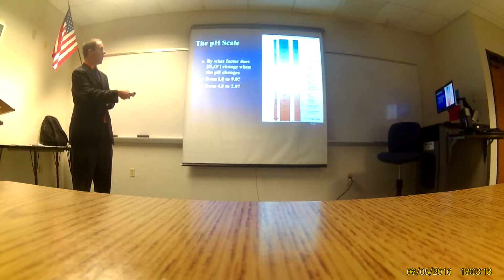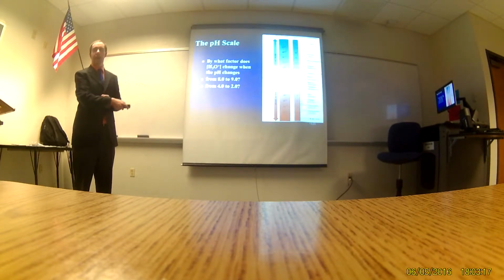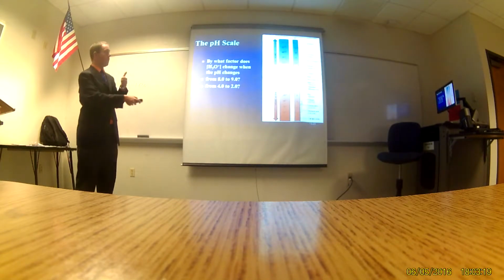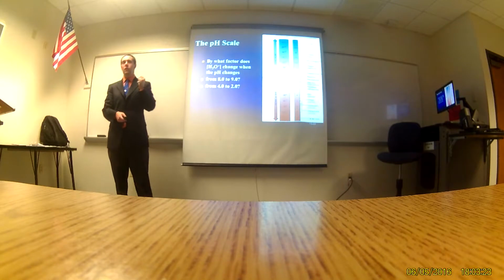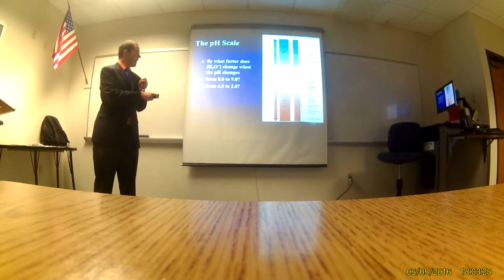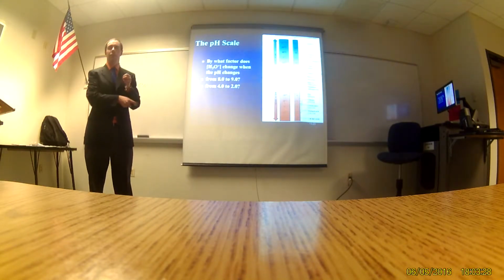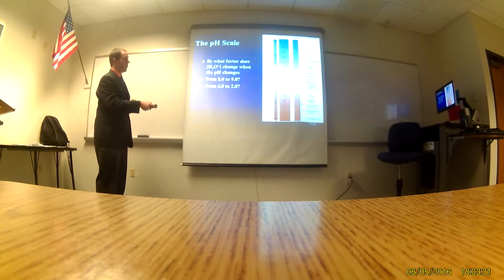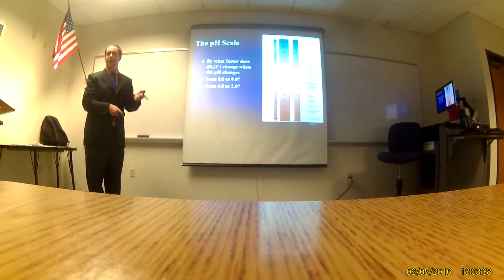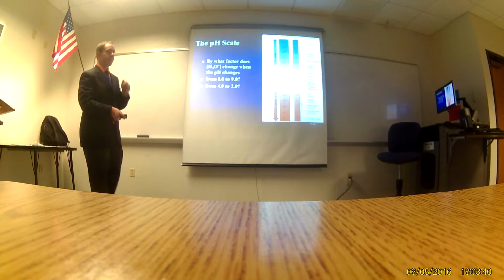If you're going from 4 to 2, the hydrogen ion concentration is actually increasing. We go from -4 to -2, so it's positive. Don't be tempted to say 10 and 10, so it's 20. It's multiplication. If we go from here to here, that's a factor of 1,000. 10 times 10 times 10.